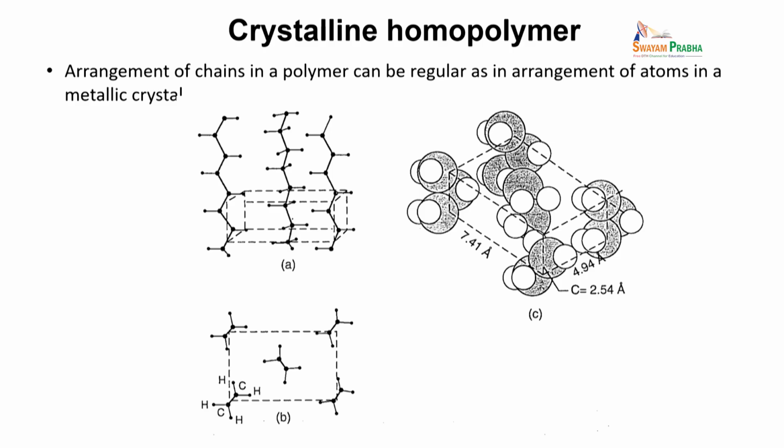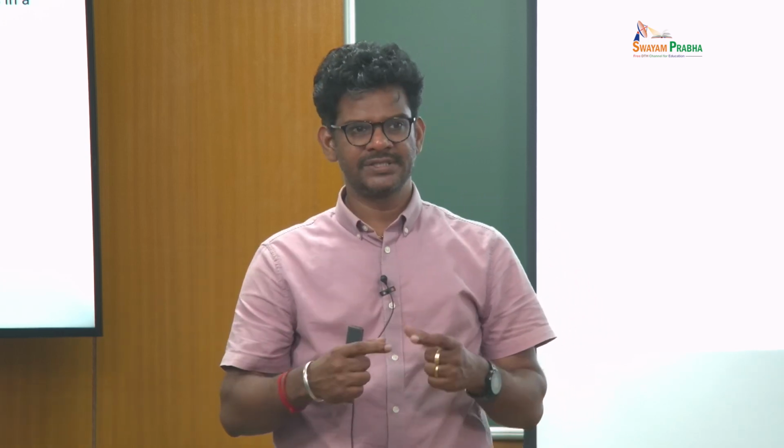You can also see that cell dimensions are given. The distance between these 2 is about 7.4 angstrom. This is obtained from semi-crystalline polyethylene solid, okay. So just like how we talk about unit cells in metals, the same way we can talk about unit cells for polymer crystals too, right.